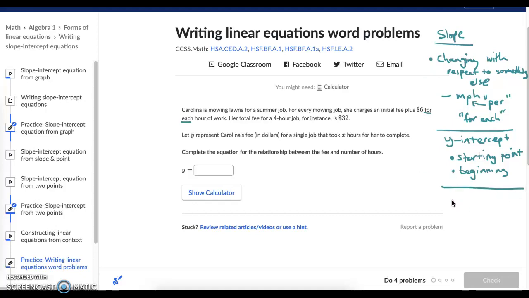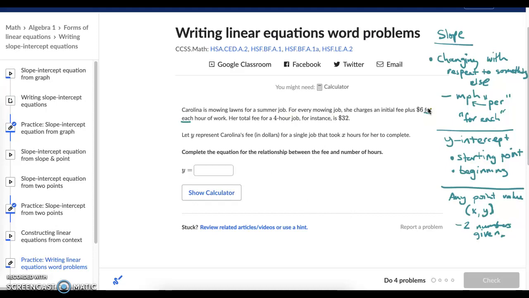We may also be given a point. An xy point value will be given to us, and we'll see that when we have two numbers given. And those two numbers typically have a relationship with one another. So those are the things to look out for.